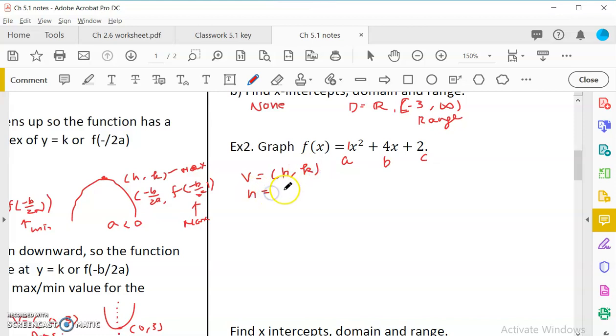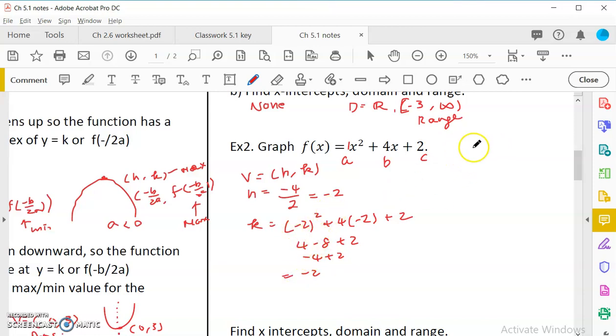The vertex would be (h, k). h is negative b, negative 4, over 2 times 1, so it's -2. k, you put it back: -2 squared plus 4 times -2 plus 2. So 4 minus 8 plus 2, -4 plus 2 is -2. So it is -2, -2.